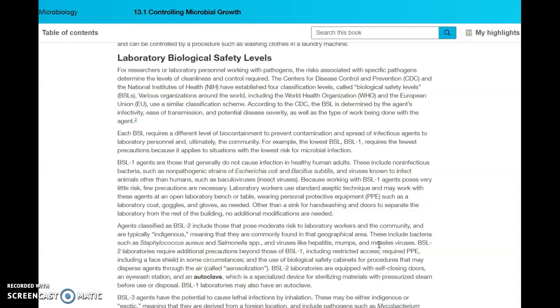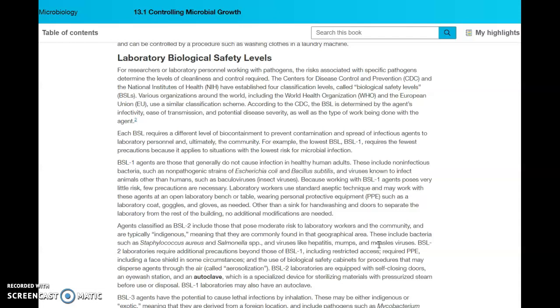For BSL 1, this is the lowest level. It requires the least amount of precaution because these are the lowest risk microbes. When we talk about a BSL 1 agent, we're talking about those that don't normally cause disease in a healthy human adult.